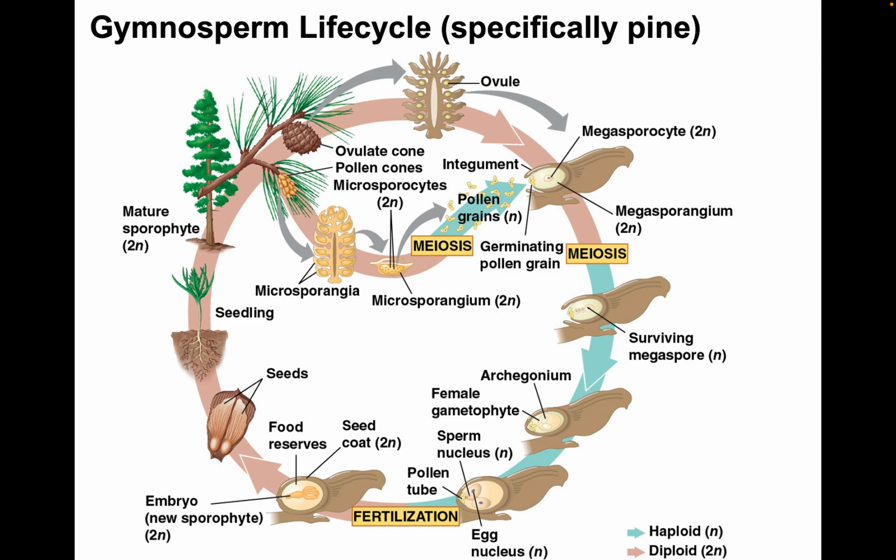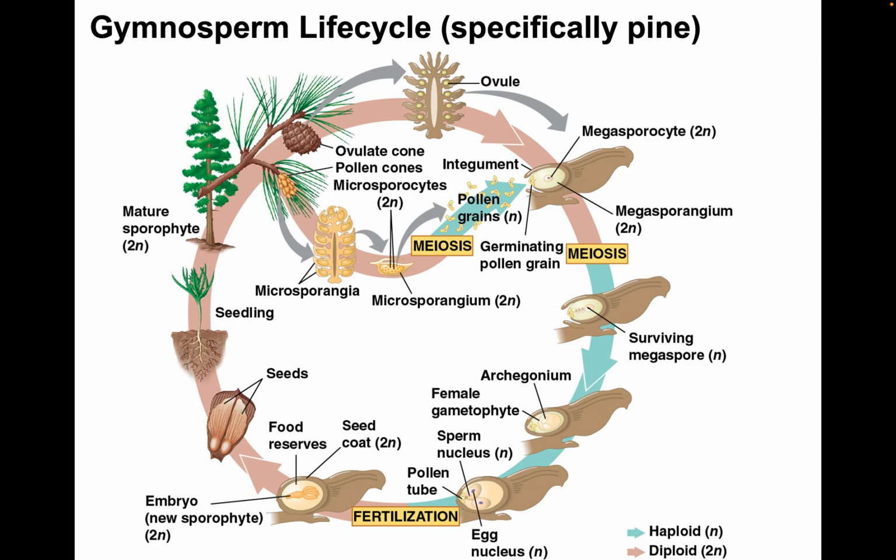Forgetting my other one offhand, but not going to worry about it. Everything else, once we get to vasculature, the mature plant that we're used to seeing when we think of that plant is going to be your sporophyte, your spore producing generation.